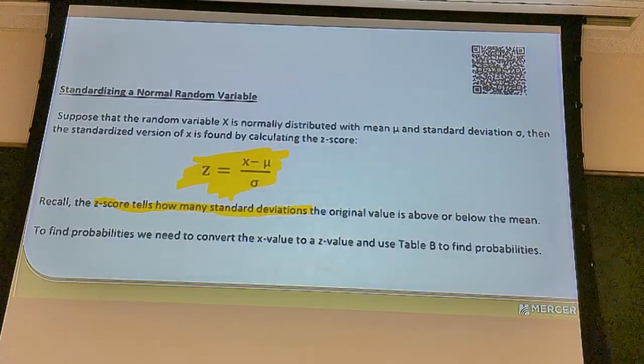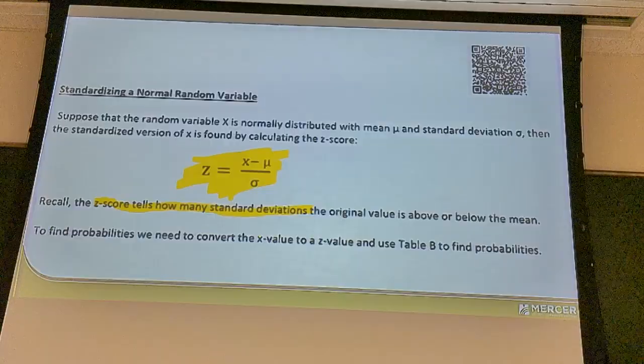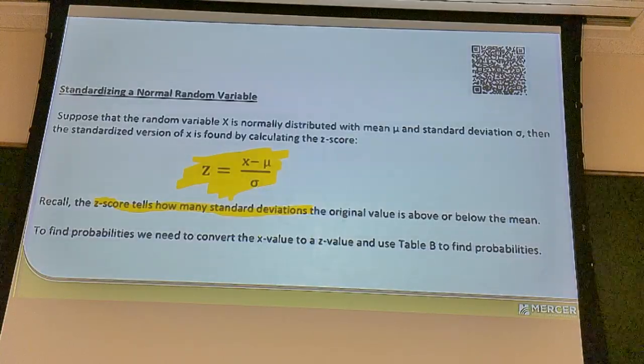Again, if you're given a regular normal distribution and you're only allowed to do it by hand, you would have to convert your x value into a z-score, and then table B would be used.